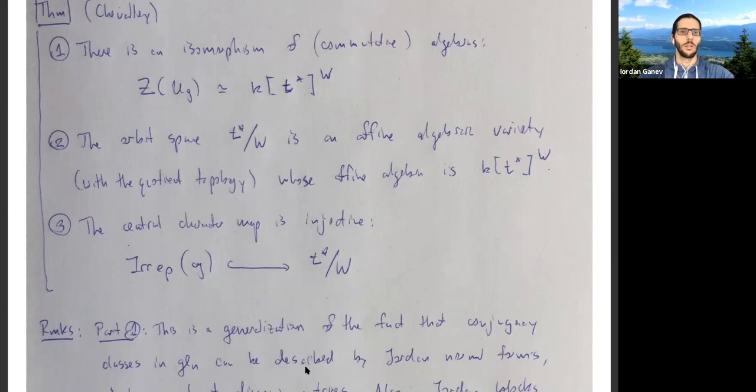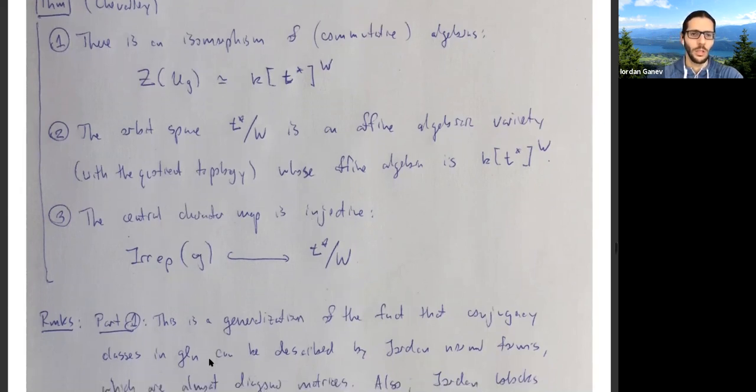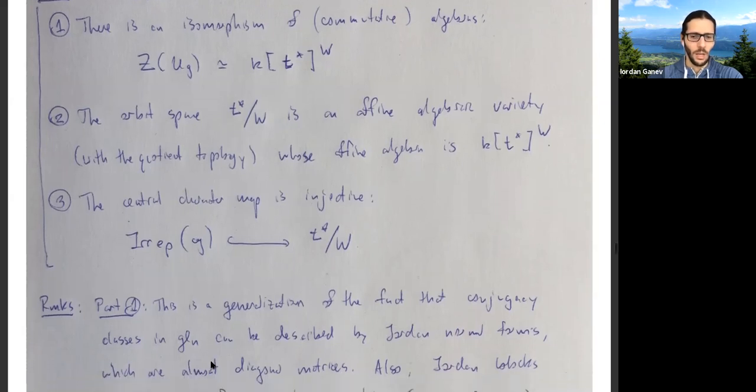In a similar way, here the center of the universal enveloping algebra has to do with conjugacy classes in the Lie algebra. Let's just think about the GL_N case. In GL_N, conjugacy classes are described by Jordan normal forms, as we talked about. These Jordan matrices are almost diagonal matrices. You have some things on the first off diagonal, but they're almost diagonal. So that's why the torus appears here.